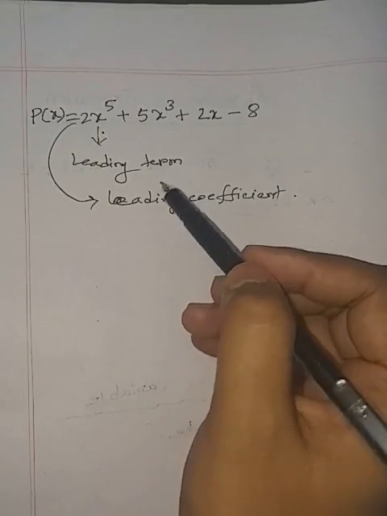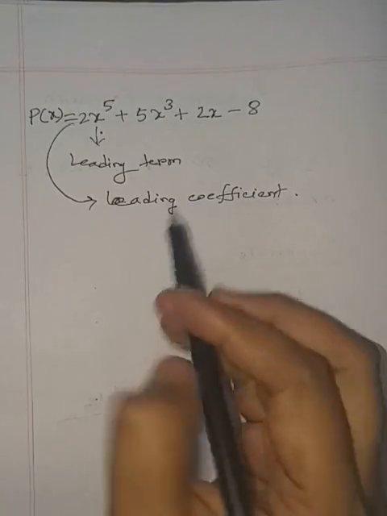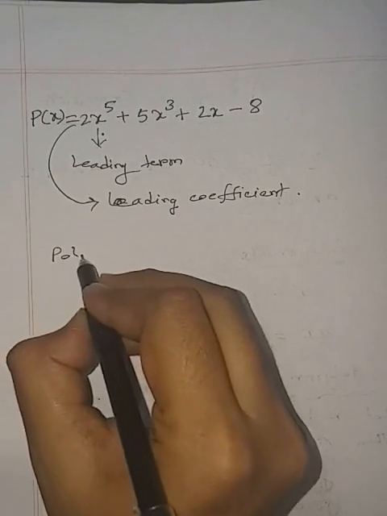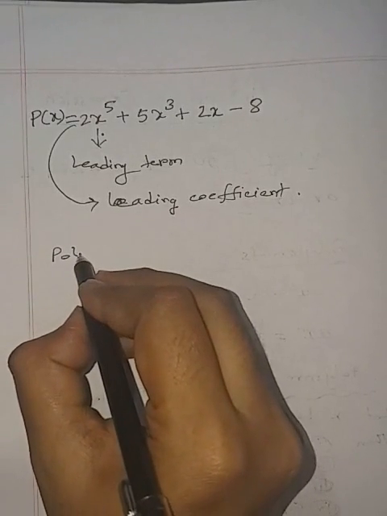So we will go to a polynomial of two variables.